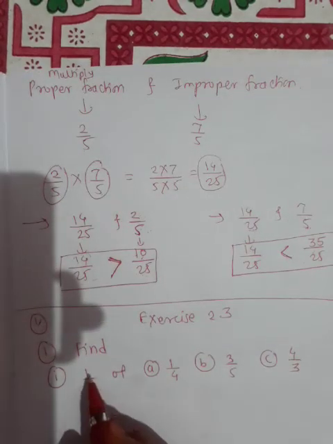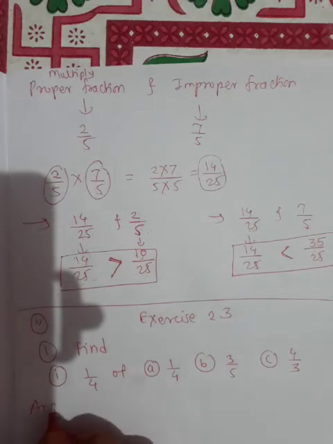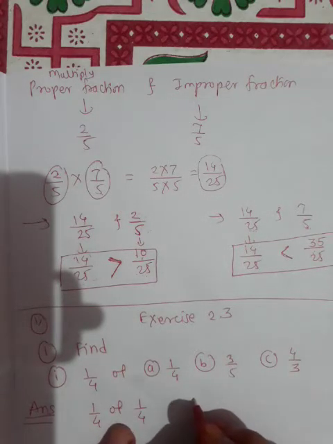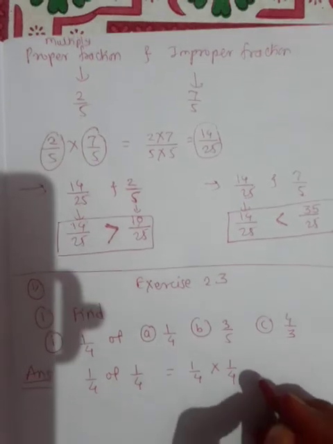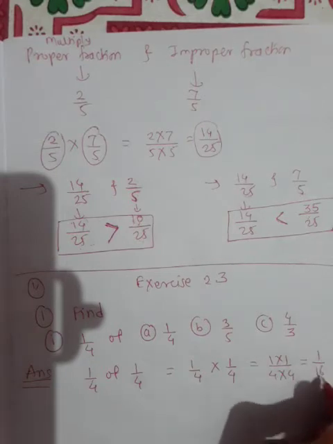So we have to find 1 by 4 of these three. First we have to find 1 by 4 of 1 by 4. Here of means multiplication. 1 by 4 of 1 by 4 means 1 by 4 into 1 by 4, that is equal to 1 into 1 upon 4 into 4, that is equal to 1 by 16.